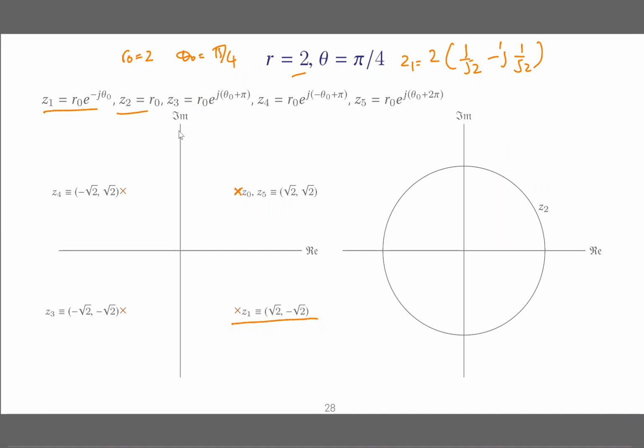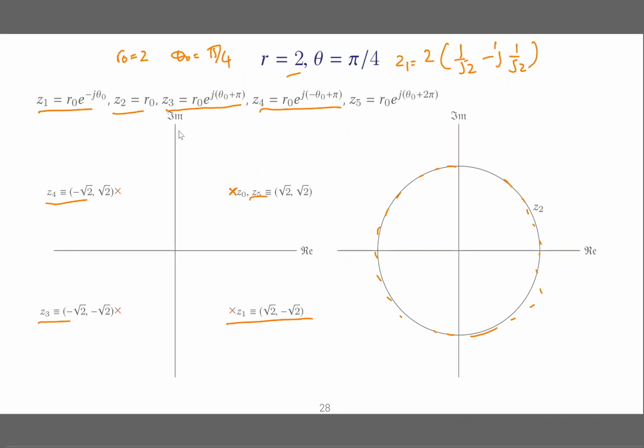And Z2 we found to be R naught, so that's a circle. So Z naught can be anywhere on this circle. Then Z3 is R naught e to the power of j (theta naught plus pi). So you can see Z3 is here. Then Z4. Then finally Z5, which is the same as Z naught.